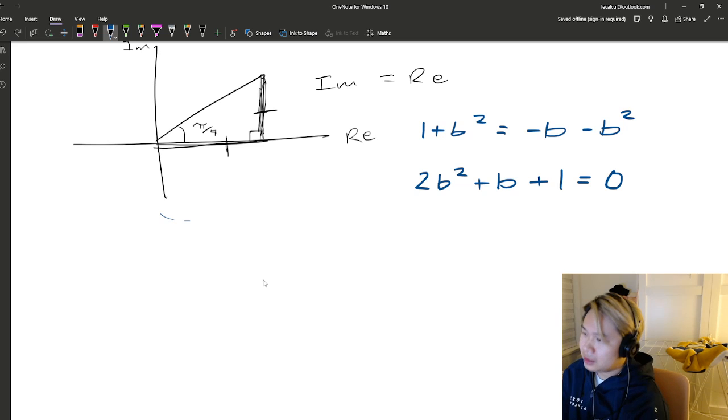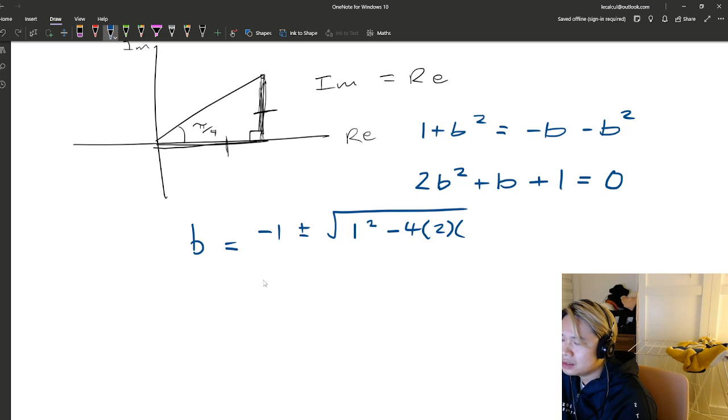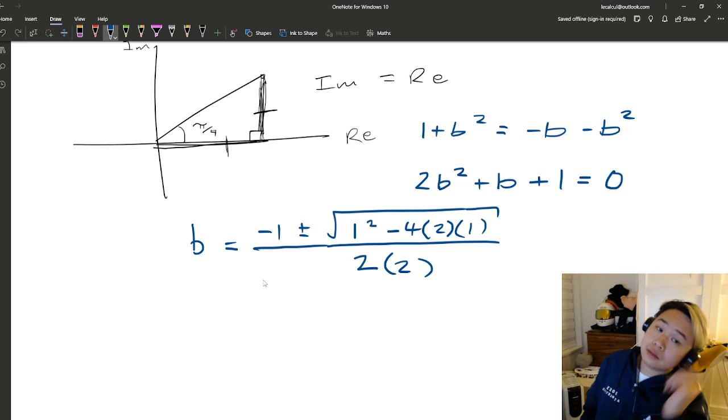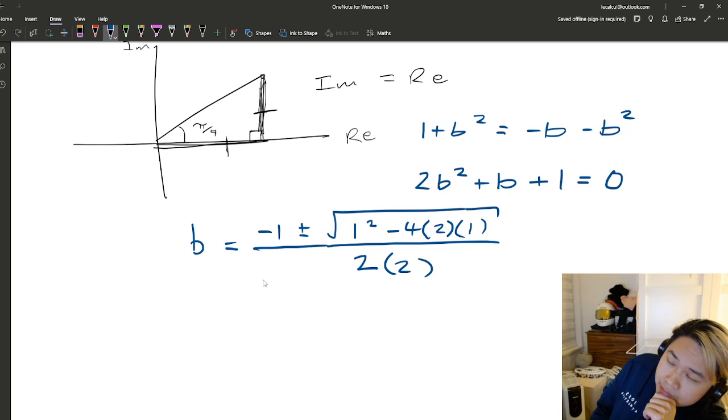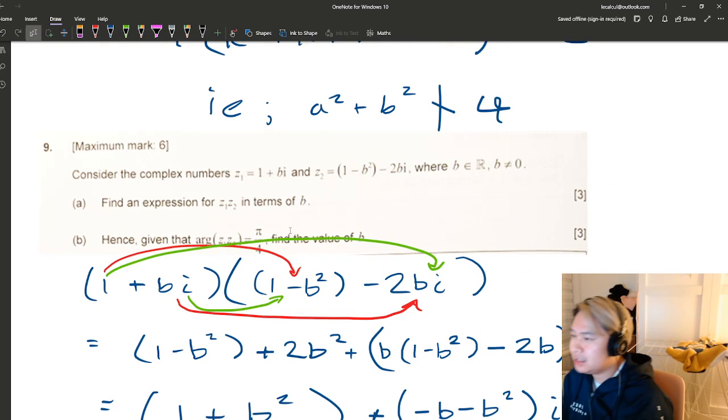Oh well, we'll keep going, and something went wrong somewhere, I guess. b is equal to negative 1 plus or minus the square root of 1 squared... Yeah, something went wrong, because this has no solutions for b. Did I mess up the multiplication somewhere?